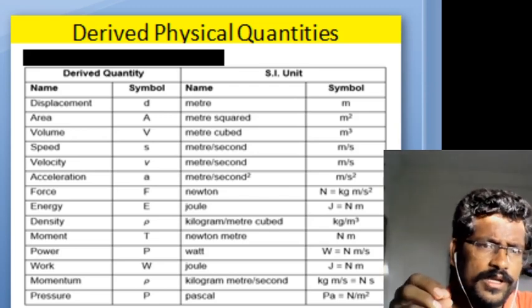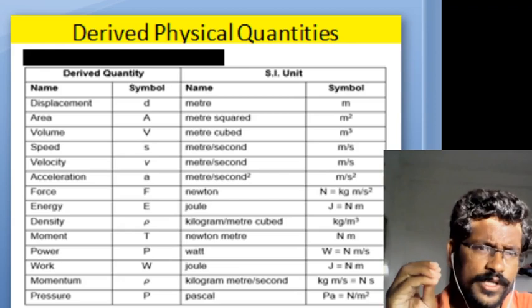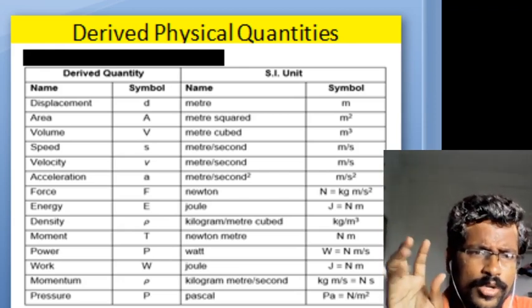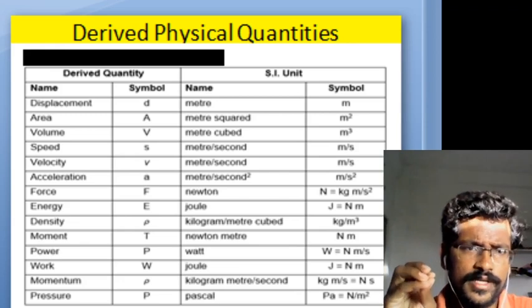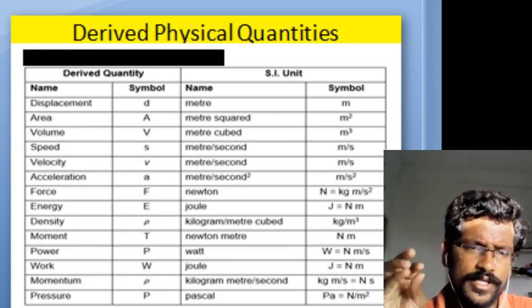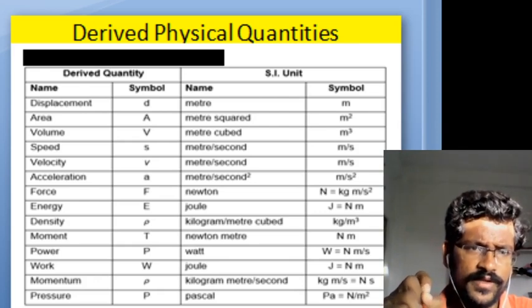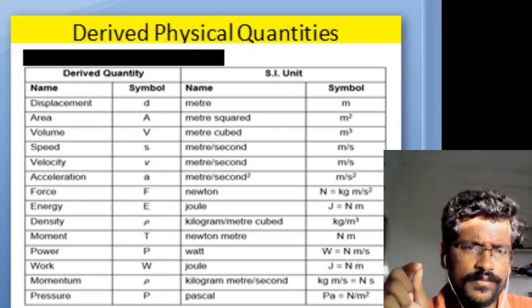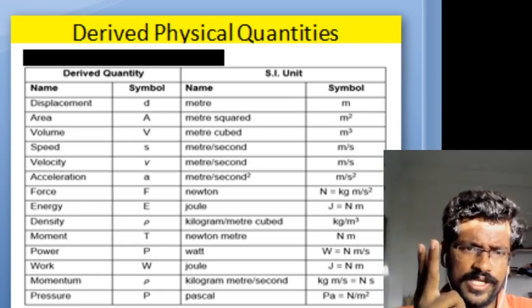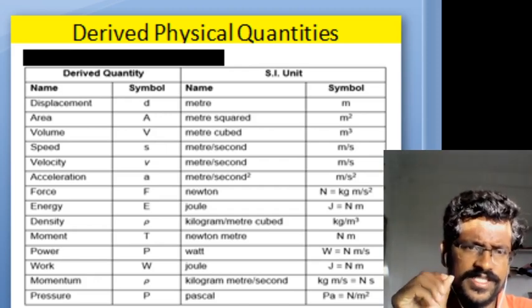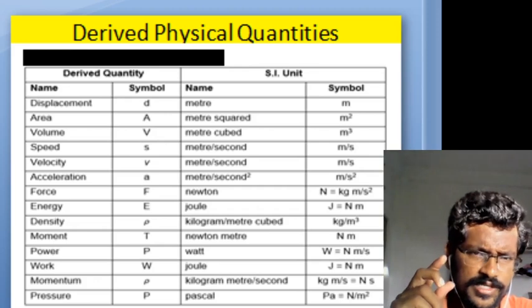Now we are going to discuss area. Area of a surface, area of a room, area of a table. How do we measure area? Area is defined as the product of length into breadth. The SI unit of area is meter square. The CGS unit of area is centimeter square.